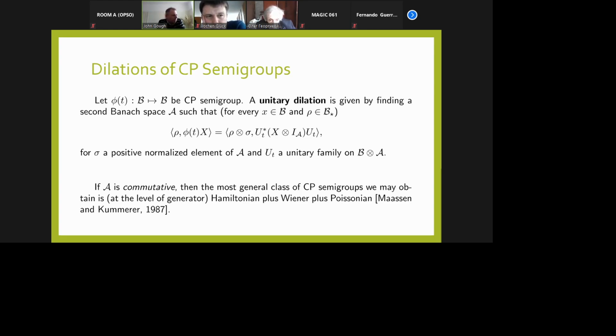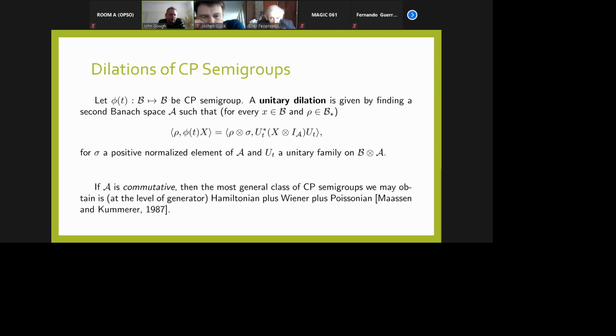So it's worth mentioning some results here. First of all, if we insist that A is commutative, right? So we can say this is an essentially classical environment. The problem of finding the most general class was solved in 1987 by Maassen and Kümmerer.